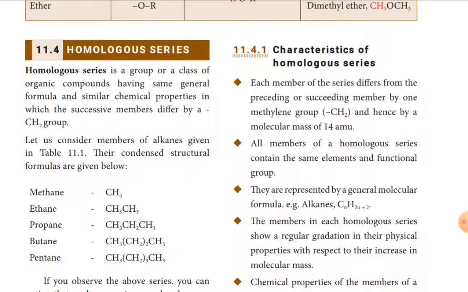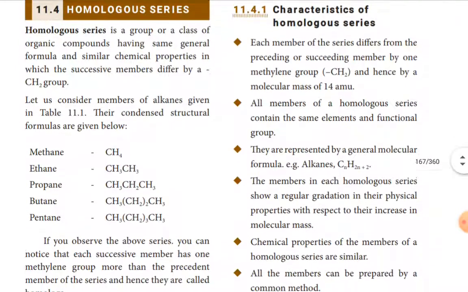So 14 atomic mass unit is the molecular mass difference between the succeeding or preceding compounds in the homologous series. Similarly, ethane to propane, propane to butane, butane to pentane, and you can also compare butane to propane, from below to above. The difference will be one methylene group.